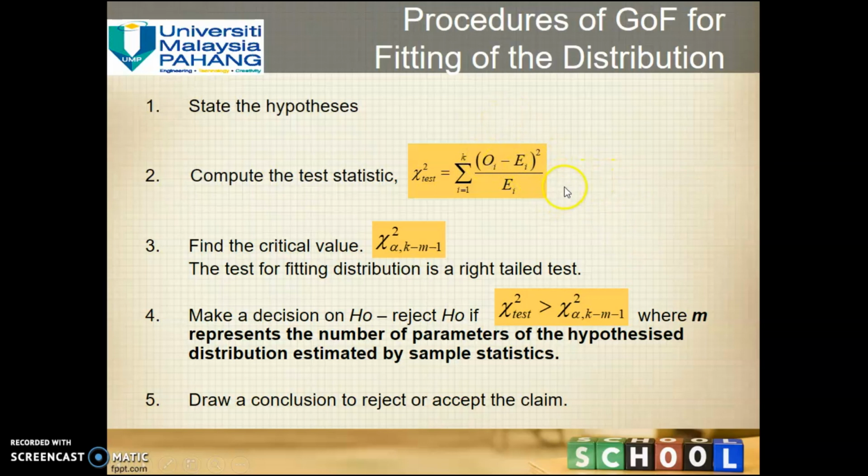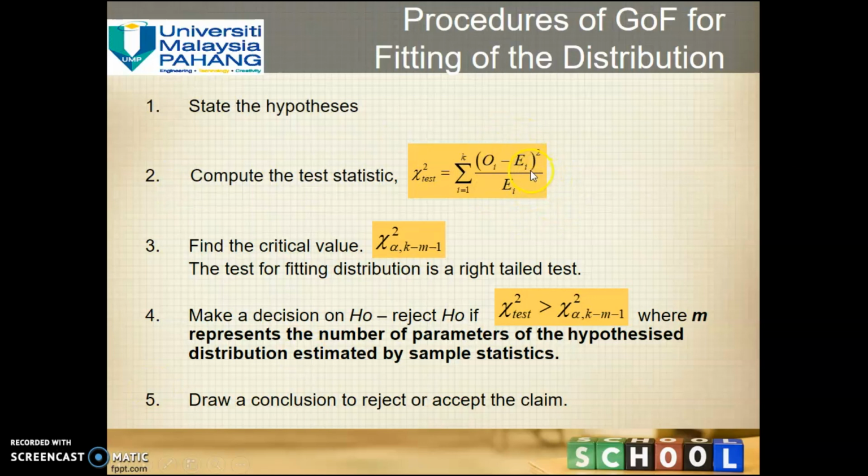If you have binomial, Poisson or normal, the probability based on that distribution is given in your question, so no need to calculate it on your own. You just use the given probability, multiply with the N to get your E, the expected frequency. I will show in detail when we go to the exercise question later.